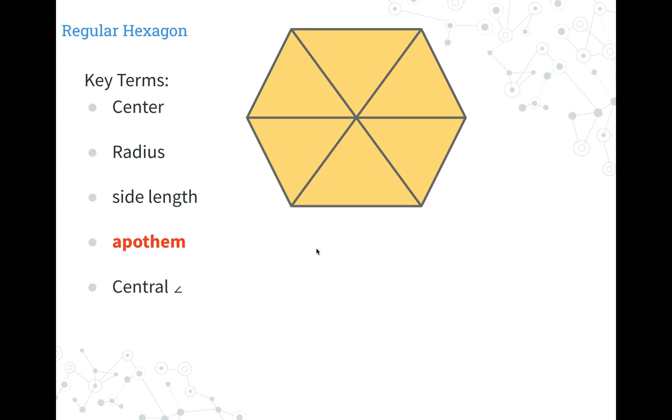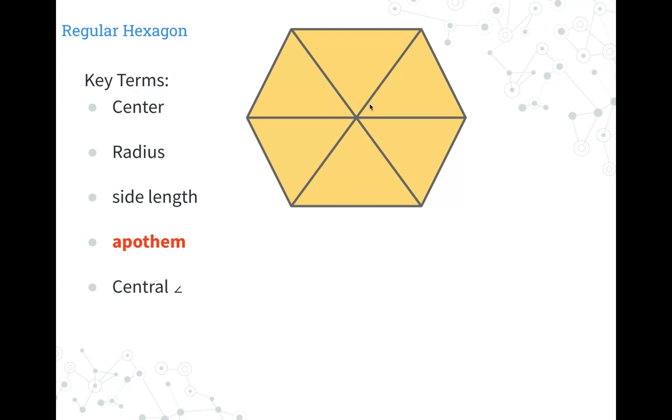A central angle. A central angle is simply one of these angles, okay, right here. So if you were to start at this point and go all the way around to this point again, that would be 360 degrees. But if you stop right here at the central angle, how many degrees is this central angle going to be?